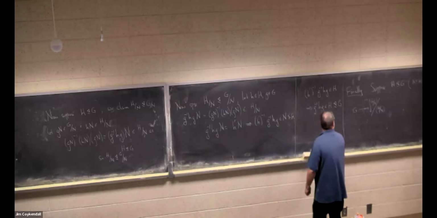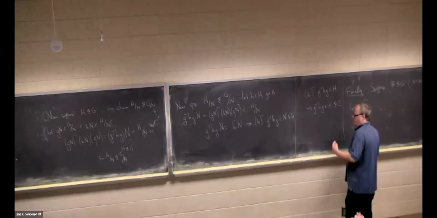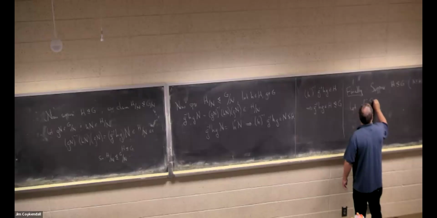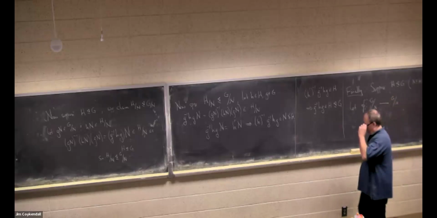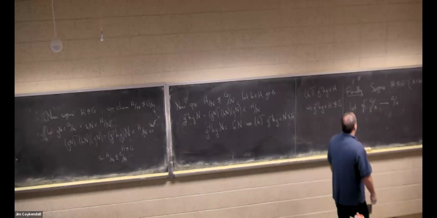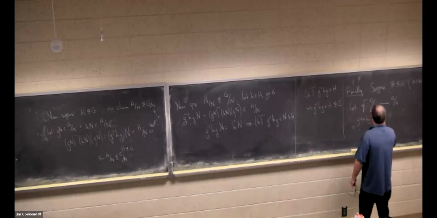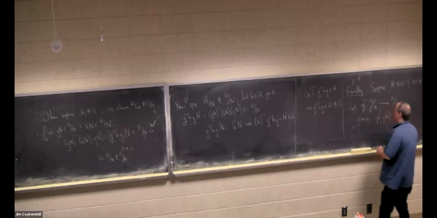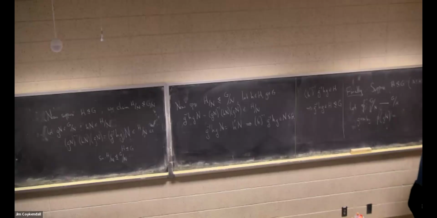Let phi go from G mod N to G mod H, given by: take a random coset of this thing, G N. My output's going to be a coset, what's the easiest thing? Just whatever representatives do it here.